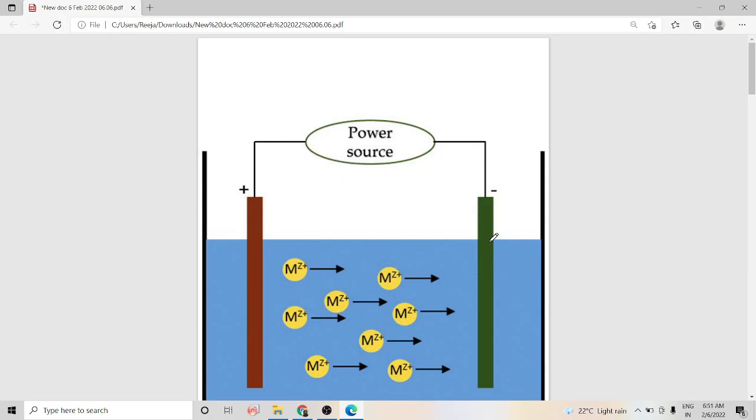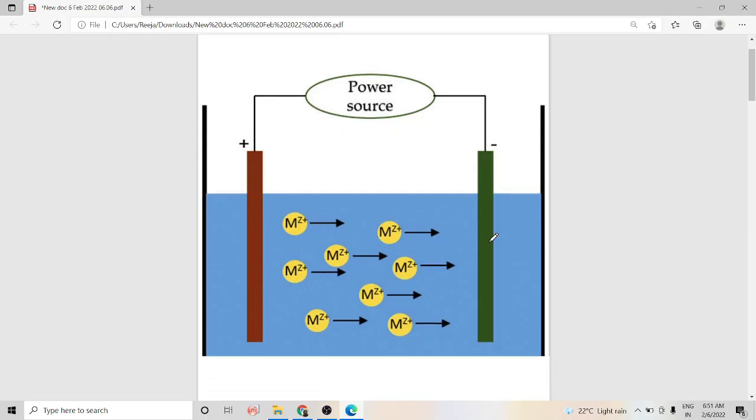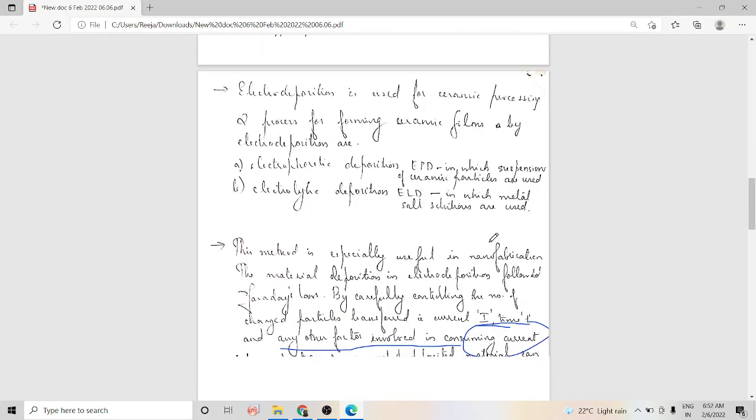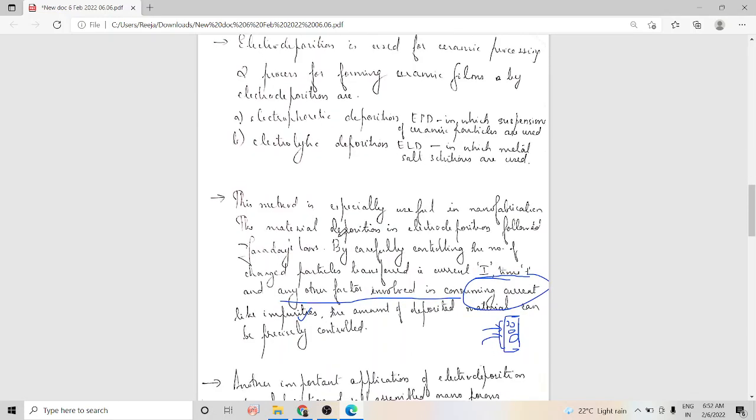Now, electrodeposition is especially useful in nanofabrication because it is based on Faraday's laws. So, by carefully controlling the current, deposition time, and factors which consume current like impurities, the amount of deposited material can be carefully controlled.